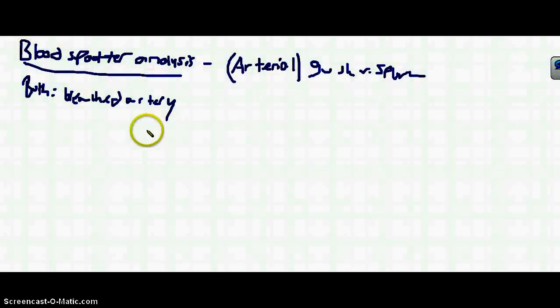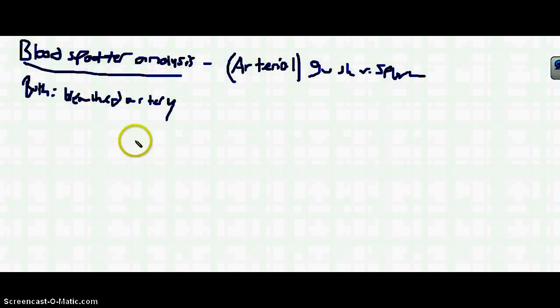So over here, I will write both. And for both, it's a breached artery. And the ejections of blood can come from the flow of the veins, which would be under pressure.